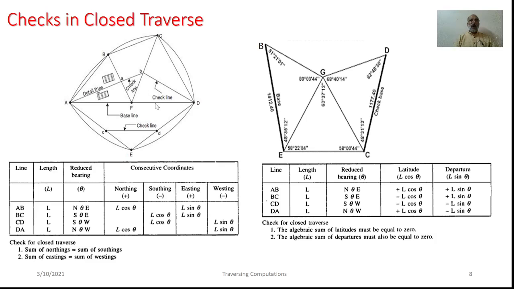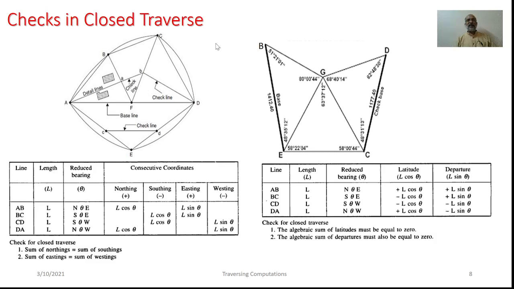Already you know about the closed traverse. Here, as you see, this traverse AB, BC, CD, DE starts from station A and closes again on station A. As such, it is treated as a closed traverse.